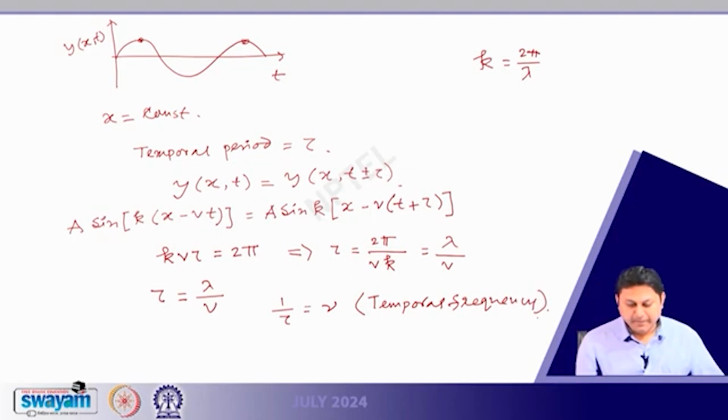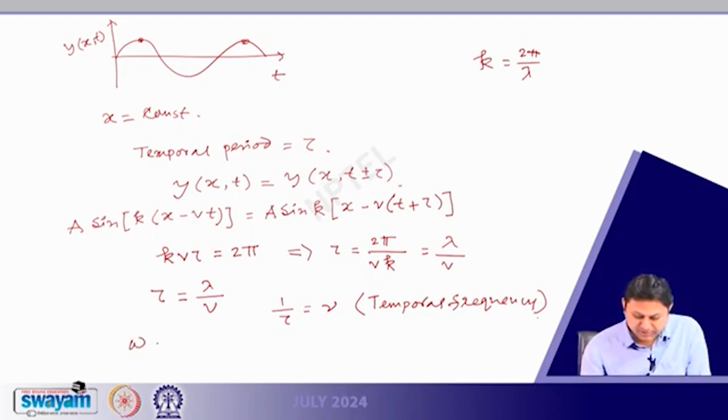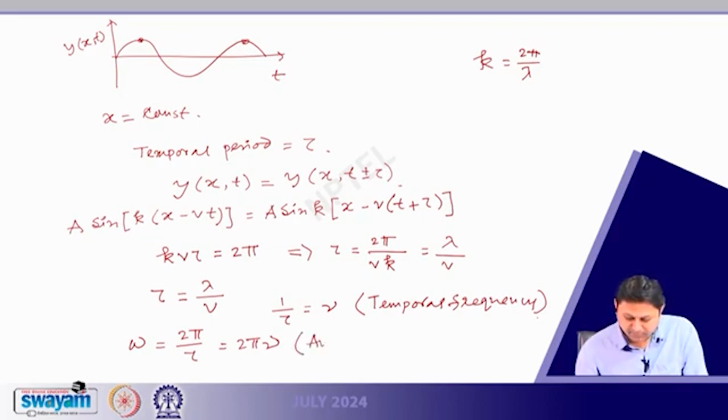There is one more important quantity that we are going to use in our calculations, and that is omega, which is 2 pi divided by tau, or 2 pi multiplied by the temporal frequency nu. This quantity is known as angular frequency.